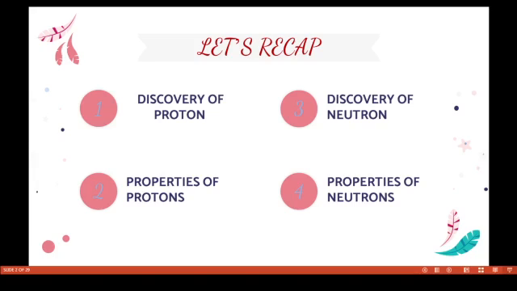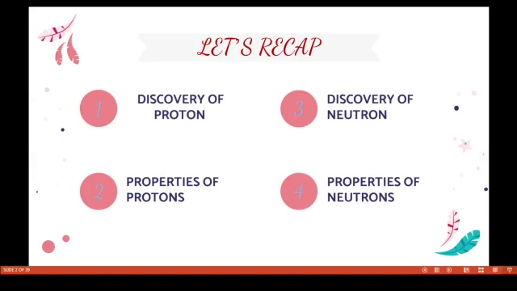Protons are positively charged particles. They carry a positive charge of plus 1, equivalent to the unit of electron charge, and the mass of a proton is equal to that of hydrogen, 1.672 into 10 power minus 24 gram.